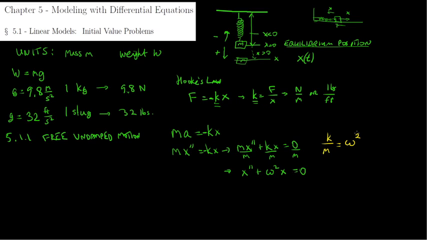Okay, so omega squared, or omega itself, is an angular frequency, and so it just has units of radians per second, right? So omega itself, of course, is just the square root of k over m.